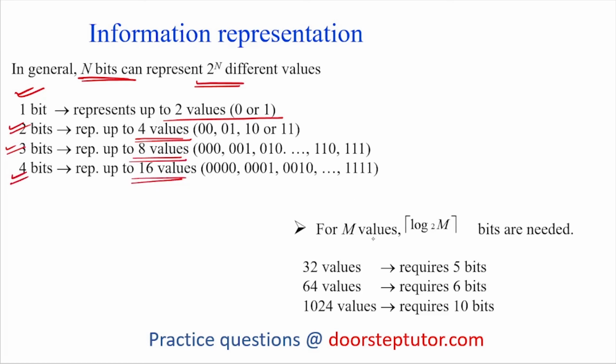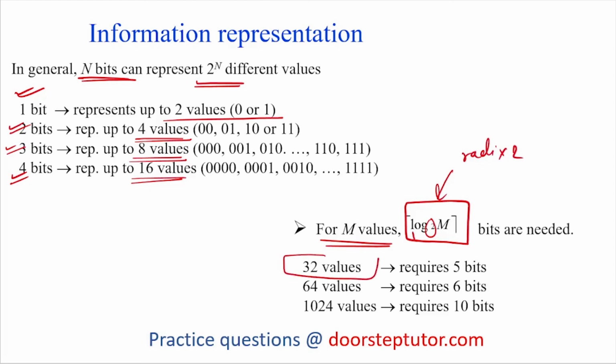Similarly, to represent a total of m values, the number of bits required is log base 2 of m. The base 2 comes from the radix, that is, the radix is 2 in this case. For example, if we want a total of 32 values to be represented, how many bits do we require? We require log base 2 of 32. That can be written as log base 2 of 2 to the power 5, and we know log of m to the power n is n log m.